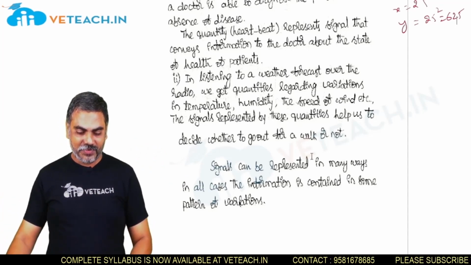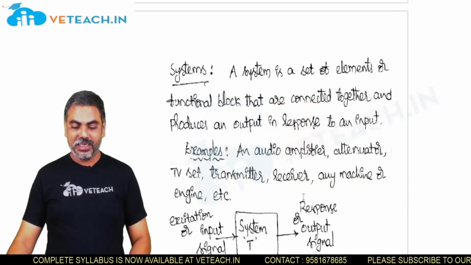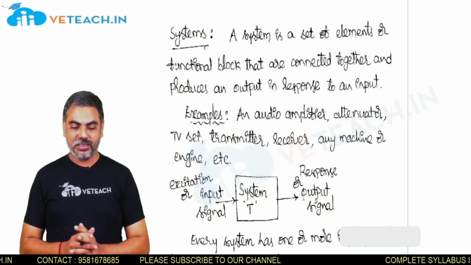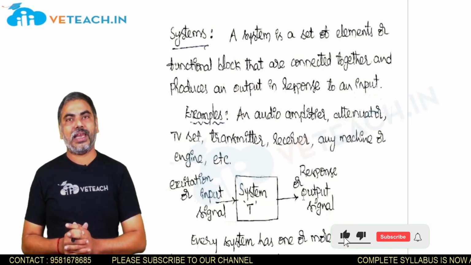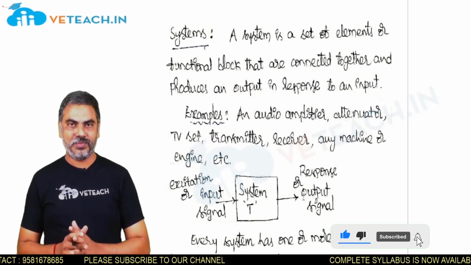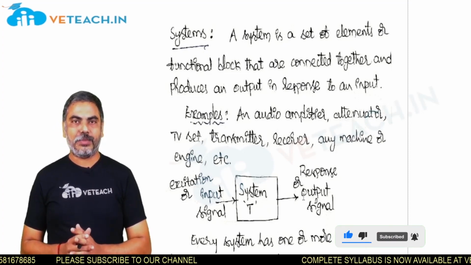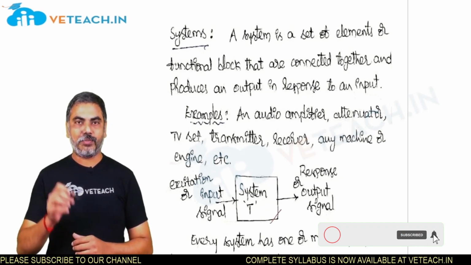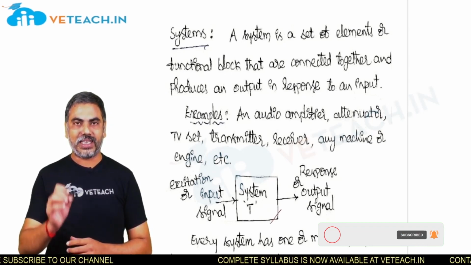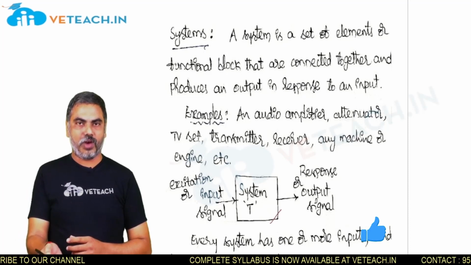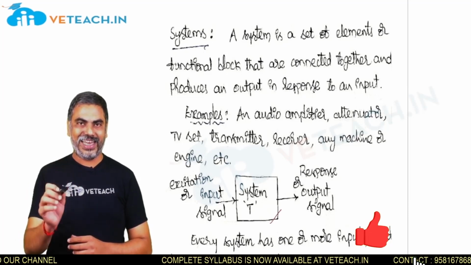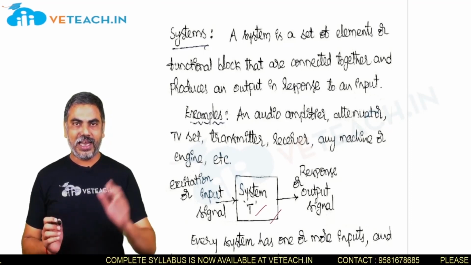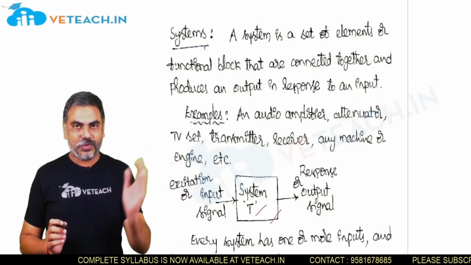So the definition of a system is a set of elements or functional blocks that are connected together and produce an output in response to an input signal. Generally the system is represented in block diagram form, and within that block we mention the transforming operation we are performing with some letter, either H or T. Here T is indicated in this figure, and on the left side are the signals we are giving.